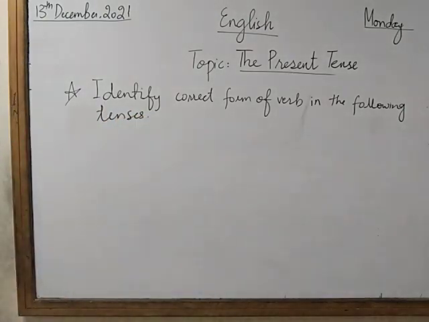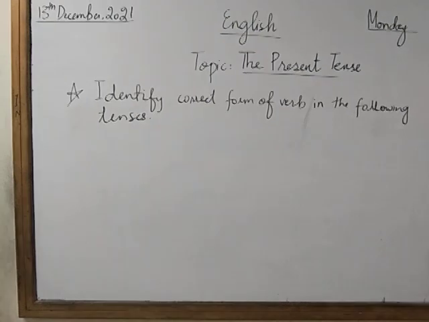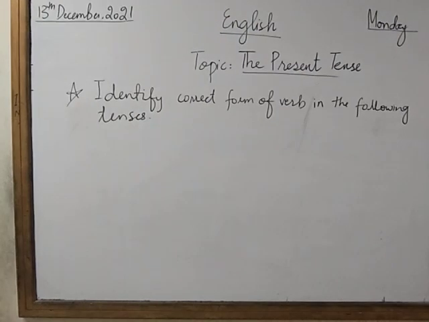Now I am about to write some sentences for you, and you are going to identify which form of verb would be the most suitable or the correct one. You have to find the correct form of verb.